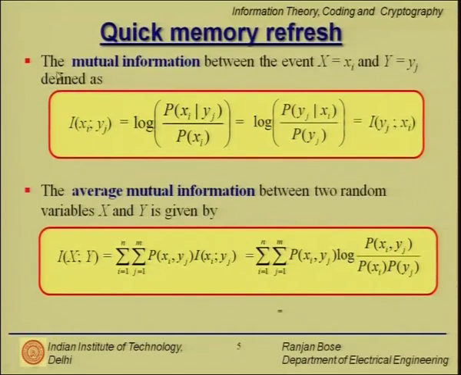We also defined mutual information between X equal to x_i and Y equal to y_j, so between two events, as I(x_i; y_j), and we found out that it is mathematically equivalent to the mutual information I(y_j; x_i). This we realized could also be negative. Then we looked at the definition of average mutual information, I(X; Y), which is defined with a double summation, and we also discovered that this quantity is non-negative.